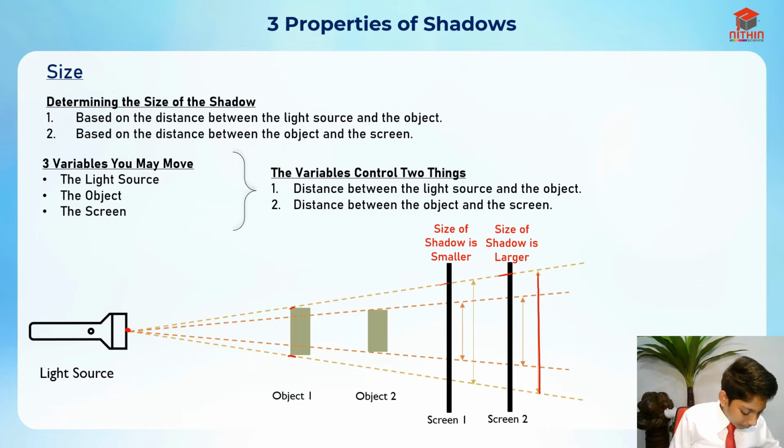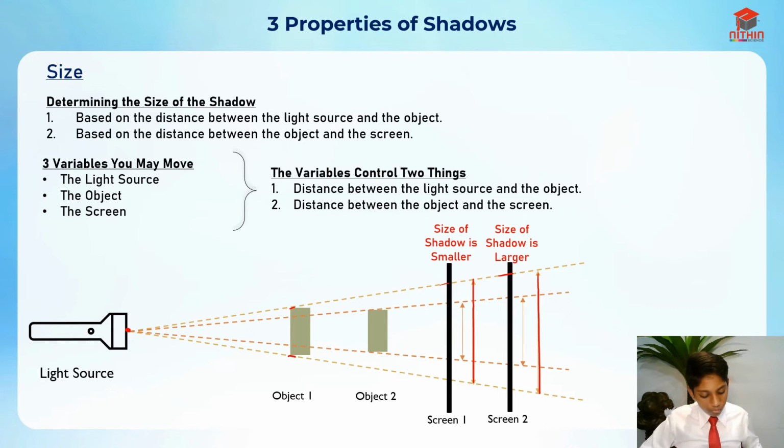So these are the two sizes of the shadow. You just need to draw the line and it will give you the exact size of the shadow. Same over here, for the smaller one, you just draw the line and it gives you the shadow. So this is how you find it out.